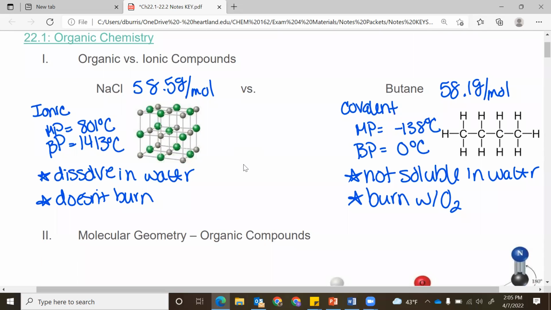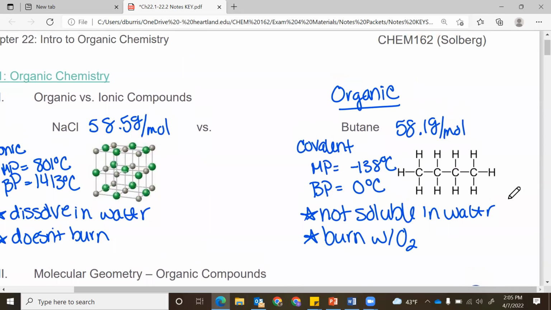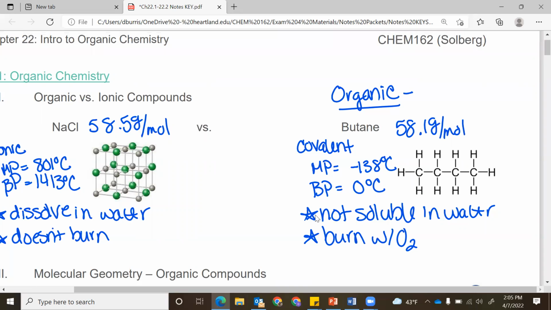So these guys over here are a representation of most organic molecules. Organic really is just the study of molecules that are based on carbon. Essentially, organic is the study of carbon compounds.